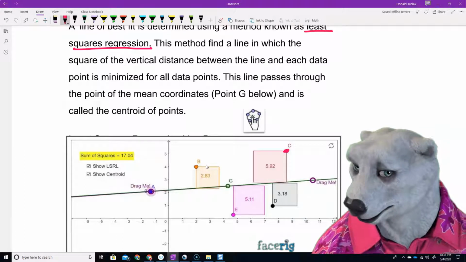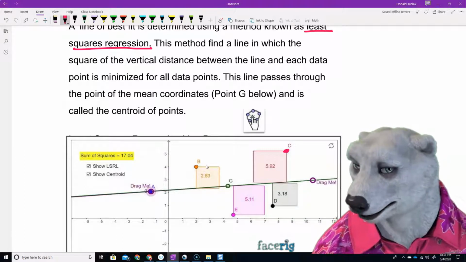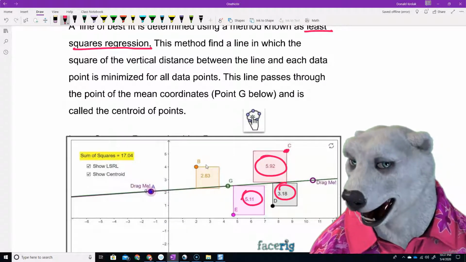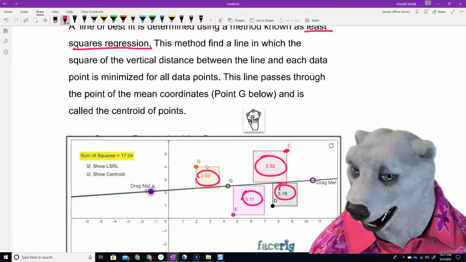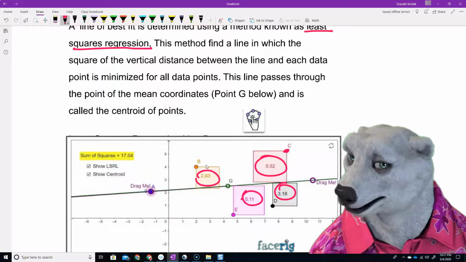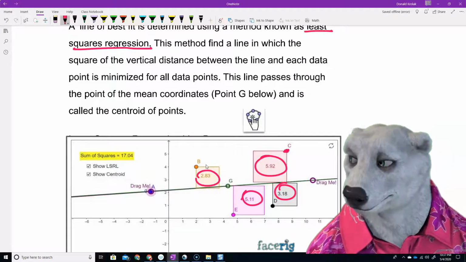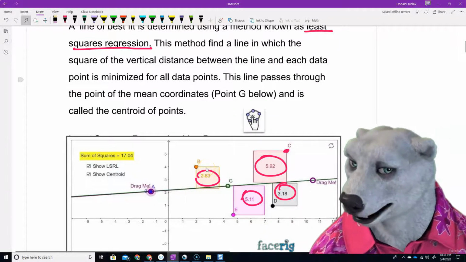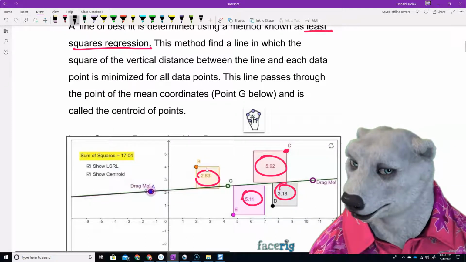So what we're trying to do is find a line here that when we add up these squares, we get the smallest value possible. That's what's called least squares. We're trying to make that the least area possible and add all those up. Now this point G you learned about in the last lesson.